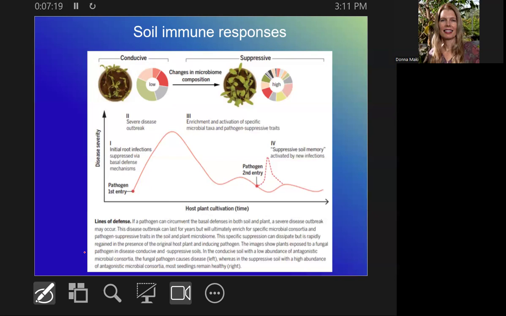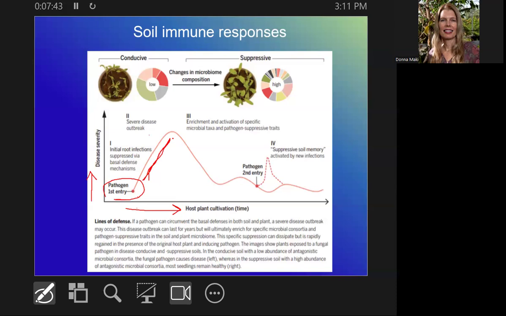So what they're showing here is that on this graph, they have time on the x-axis and disease severity on the y-axis. And then you can see the pathogen is gaining entry into the field. And you can see that the disease is pretty bad. You know, the plants really get attacked. They're very susceptible.